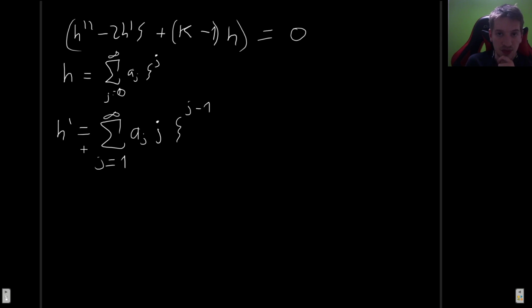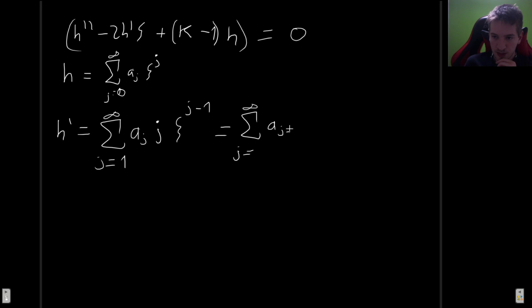This is just the standard procedure for the power series method. What we can do here is use a property of this summation, shifting the index. Basically we go from j to j plus 1, so every j here has to be j plus 1.